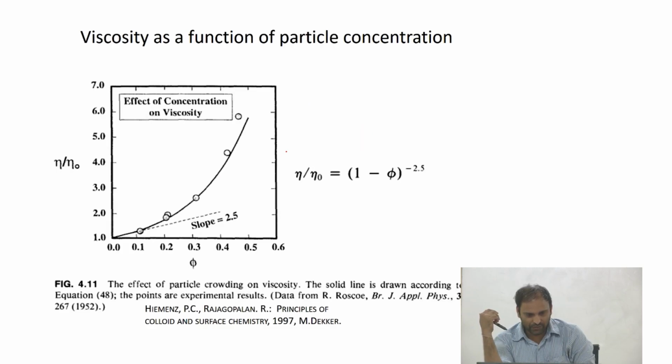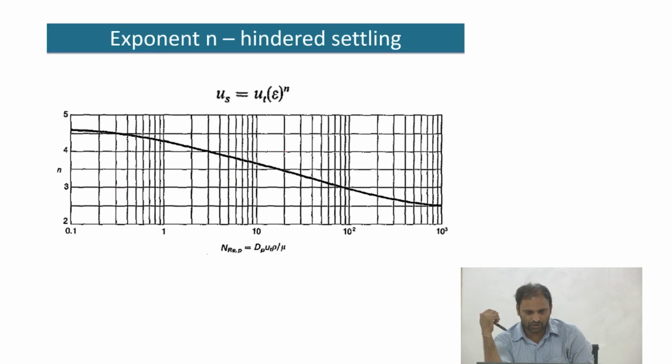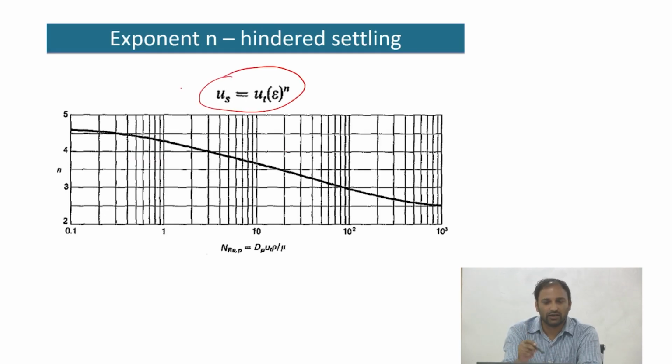And people have proposed some empirical equations of this sort: the settling velocity under hindered settling condition goes as the free settling velocity multiplied by some term which depends on epsilon, which is the volume fraction of the liquid in the slurry or the suspension, and n is an exponent that takes different values depending upon what kind of fluid-particle system you're working with.